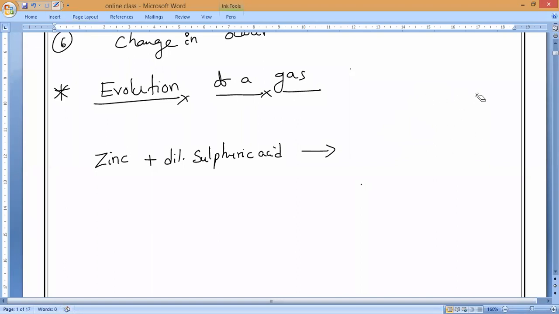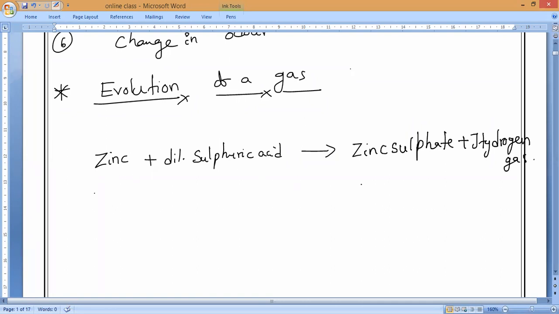Try to form it and tell me. So it will form zinc sulfate, and as well, it will release hydrogen gas.